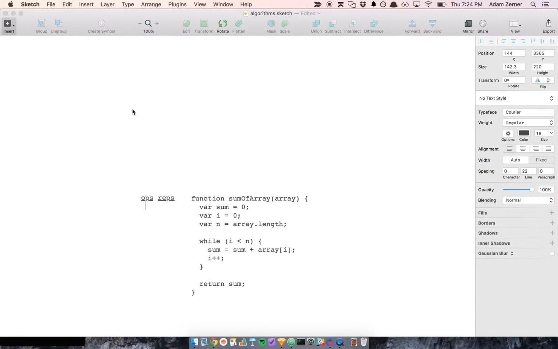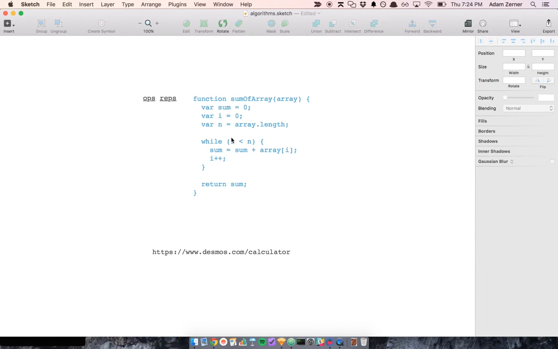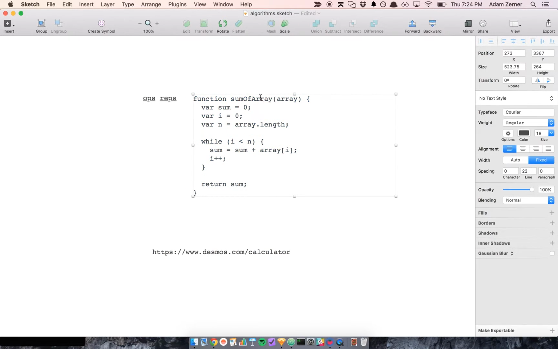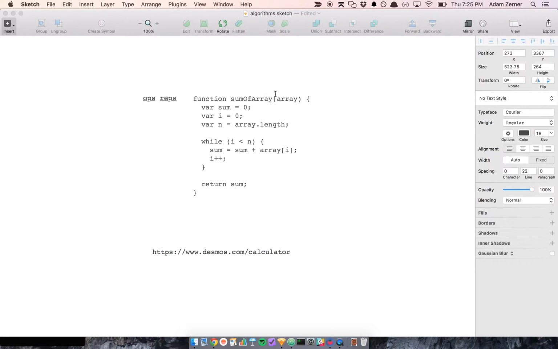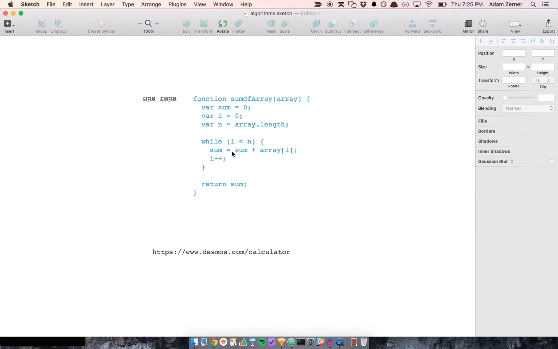Excuse that. But let's say that we've got this function called sum of array. What it does is it takes an array and it returns the sum. So if I gave an input of 1, 2, 3, the function would return 6. And we want to know, how fast is this as a function of its input size?